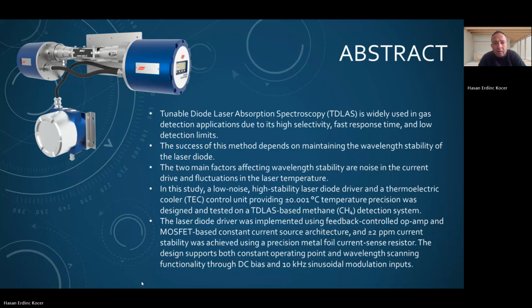The success of this method depends on maintaining the wavelength stability of the laser diode. The two main factors that affect wavelength stability are noise in the current drive and fluctuations in the laser temperature.